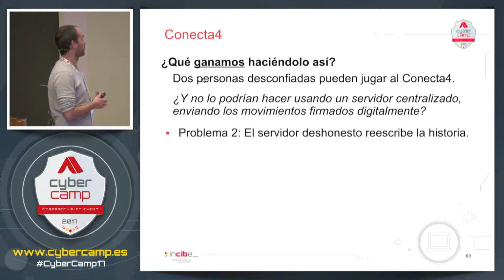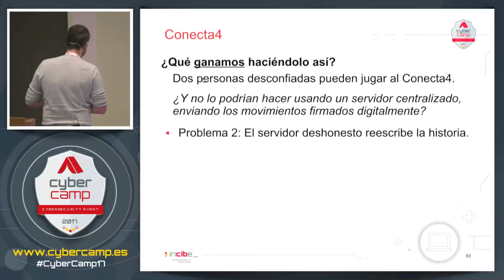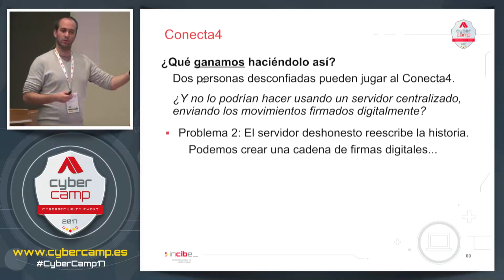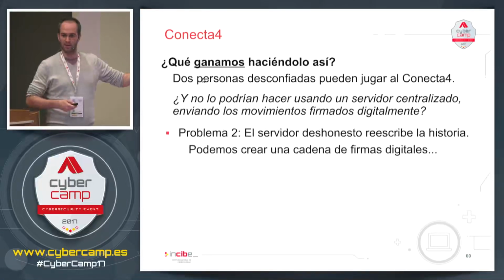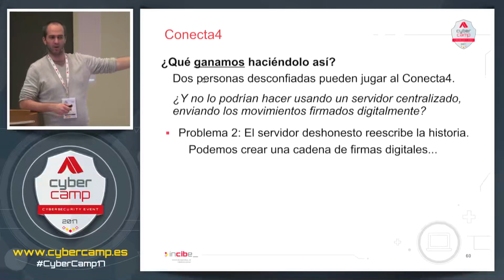The second problem is that the server can't rewrite history. Let's imagine that however much the transactions are signed digitally, if one of the 2 players is a friend of the server, he can be sent 7 possible movements, 7 columns in Connect4.